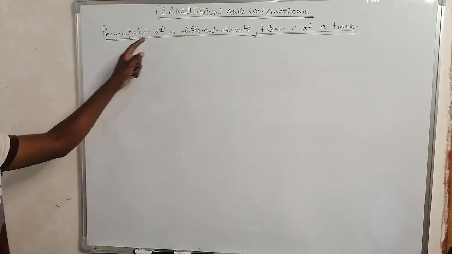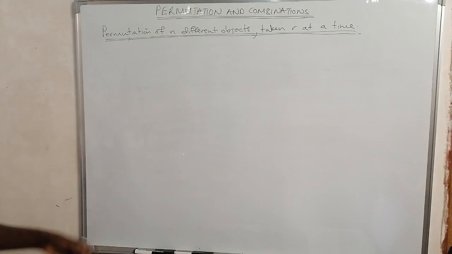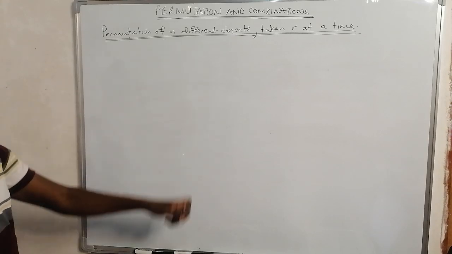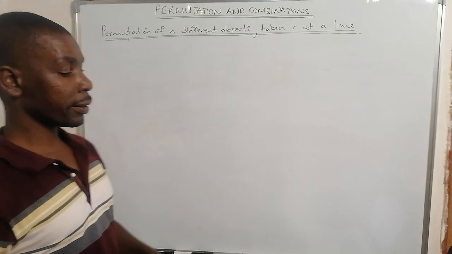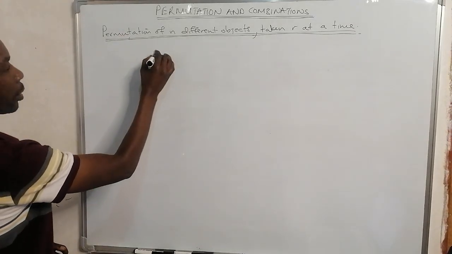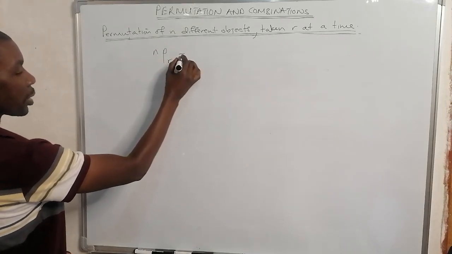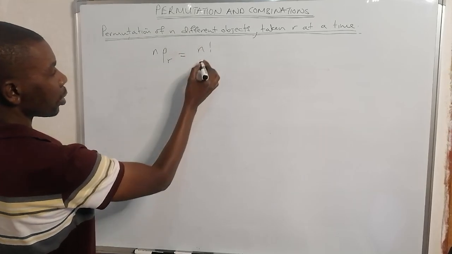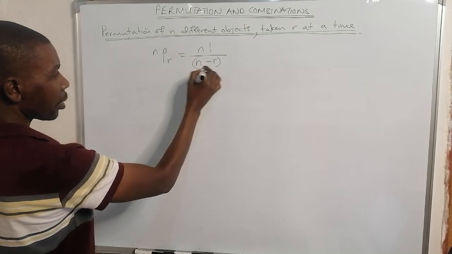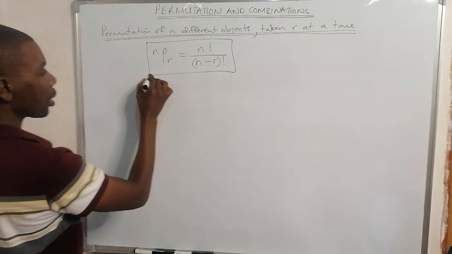Remember from the previous we have n objects only and it was n factorial. But in this case we have a condition. So we are still concerned with n factorial, but now we want to take r at a time. So in this case we use the formula nPr is equal to n factorial divided by (n minus r) factorial. That's the formula that we are going to use in this instance.